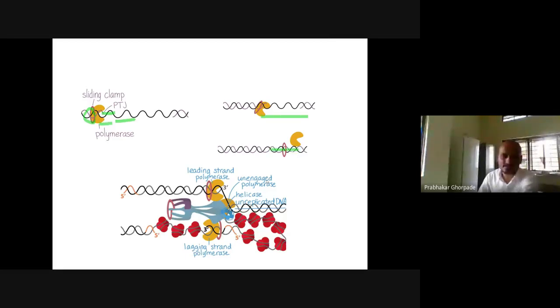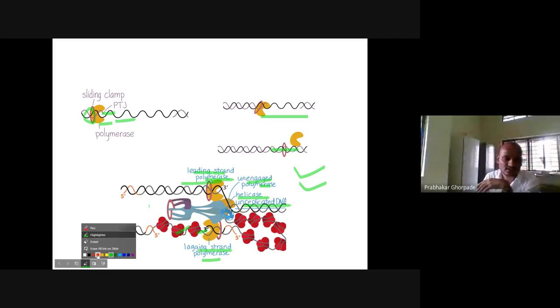This structure we have already seen previously 2-3 times. That is just revision here. Leading strand polymerase, lagging strand polymerase. This is a single stranded binding protein. Helicase is there. Unreplicated DNA is there. Unengaged polymerase. So whenever we say DNA polymerase is present in the replication process, for example in the eukaryotes, we basically have 3 polymerases here.